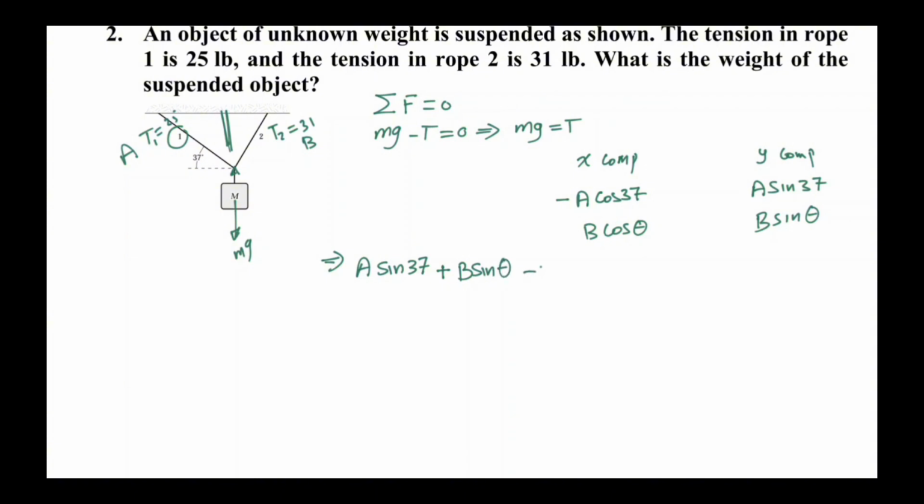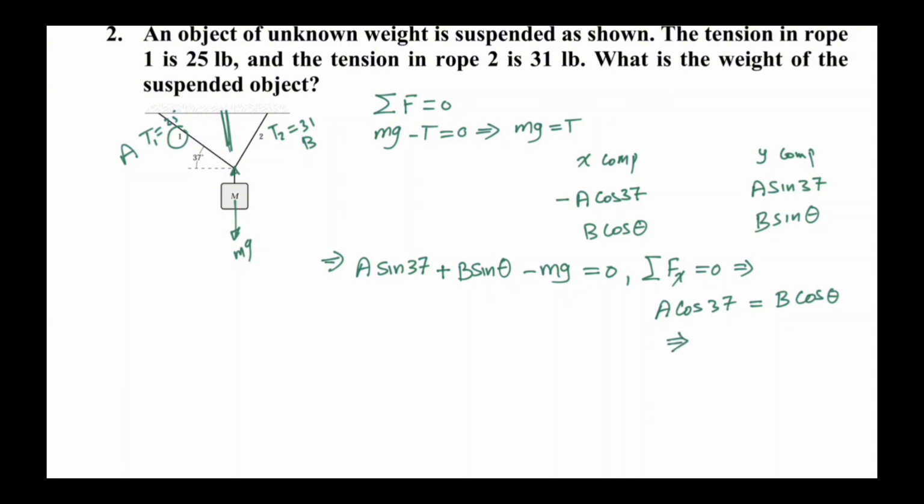theta minus mg equals 0, and the sum of all forces on x equals 0 as well. In this case, we can find that A cosine 37 equals B cosine theta.